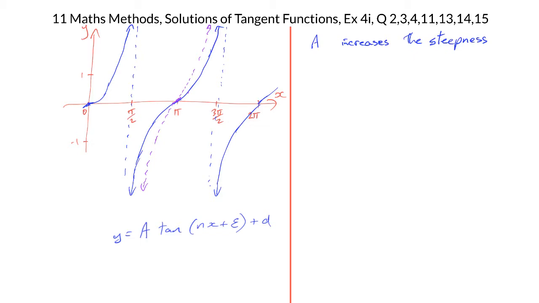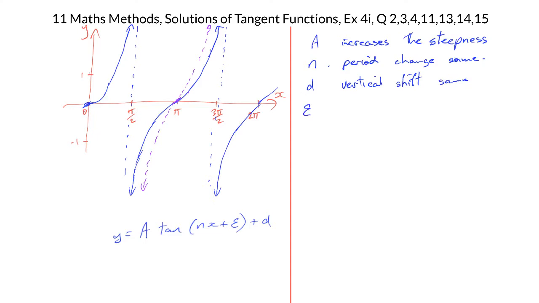Looking at the other ones, the period works exactly the same. Period changes are the same as sine and cos. The other one, d, works the same. The vertical translation moves the halfway point, which would be either increased or decreased by the factor of d.